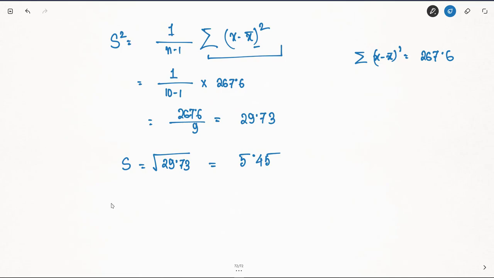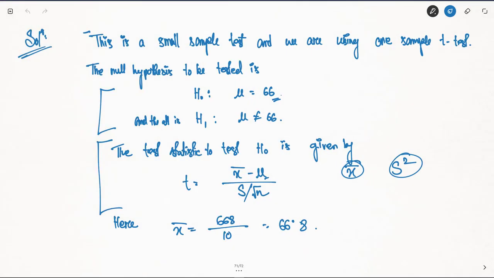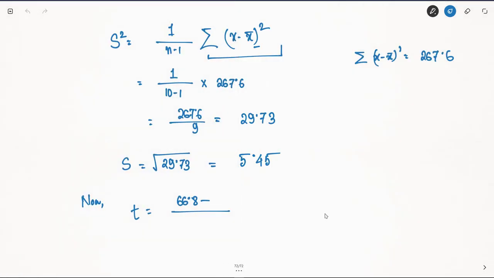So we can now find out the value of t. Now t is equal to, what is x bar? X bar is 66.8. What is mu? Mu in the null hypothesis was taken as 66, right? So we will write 66 here.